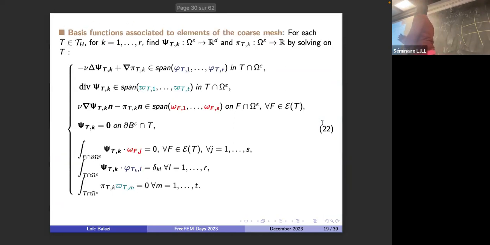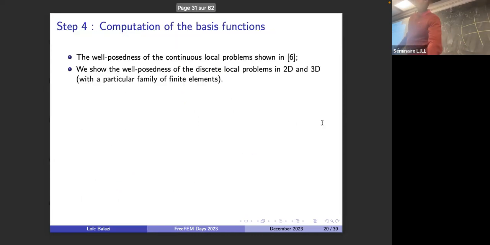And for the basis function associated to elements of the coarse mesh, we solve the problem with a polynomial source term, a divergence that is polynomial, and boundary conditions defined by Lagrange multipliers. We have to keep in mind that the divergence is polynomial and the boundary conditions are defined by Lagrange multipliers, because this will cause some problems to show the well-posedness of the discrete problem.